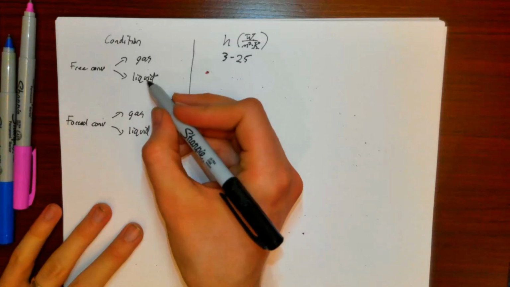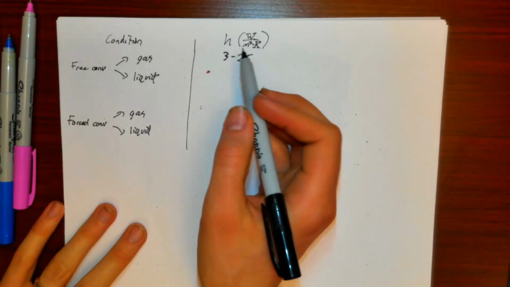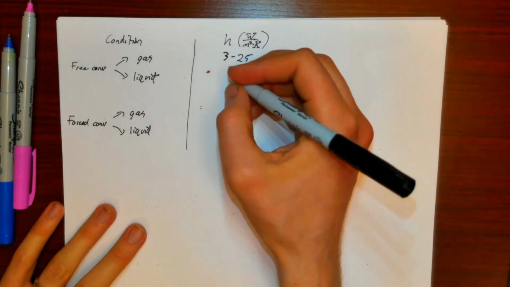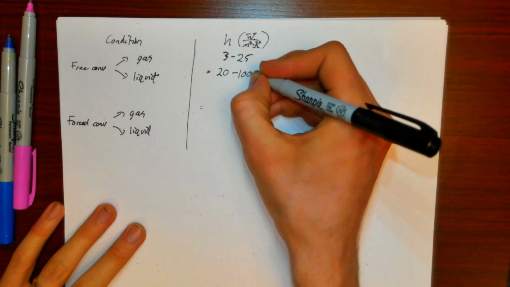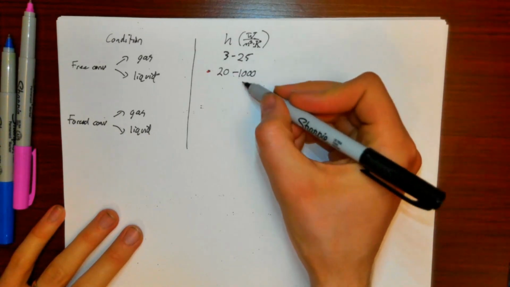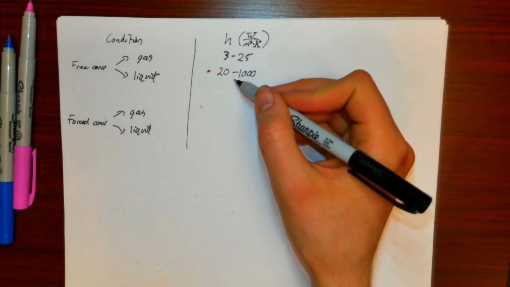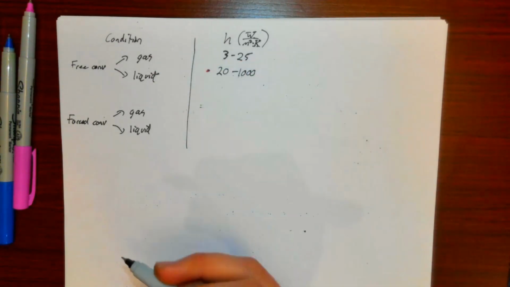We can contrast this to liquids. Liquids are generally much better at taking away heat from surfaces than gas. So liquids typically have a range of 20 to 1,000 in terms of their H's, right? So we can get multiple orders of magnitude higher if we go to liquid cooling versus gas cooling.